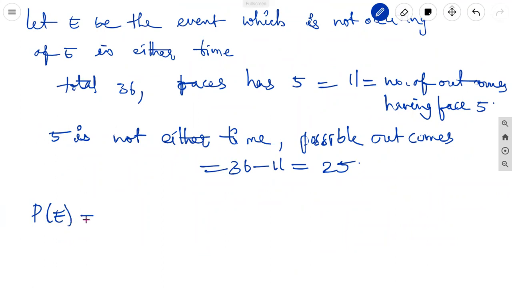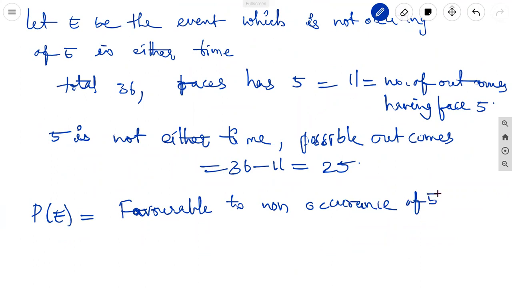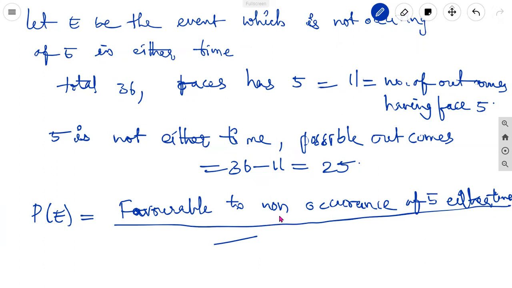P of E equal to favorable to non-occurrence of 5 either time by total outcomes.